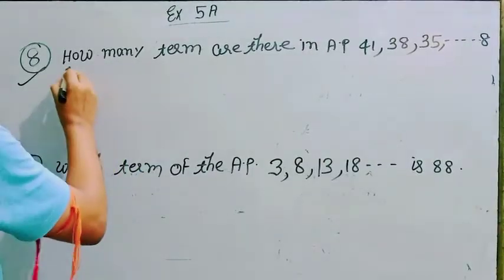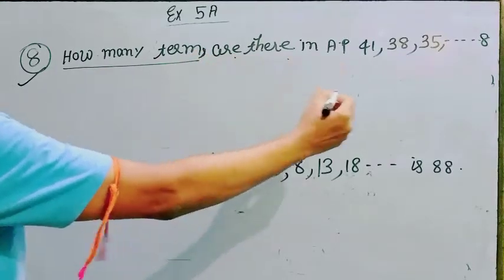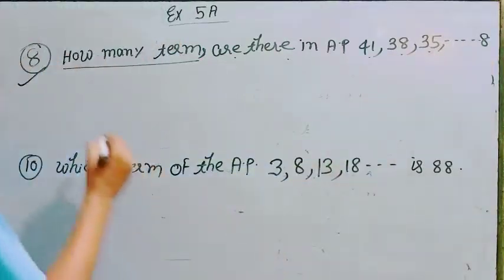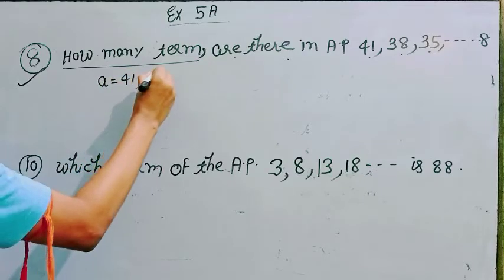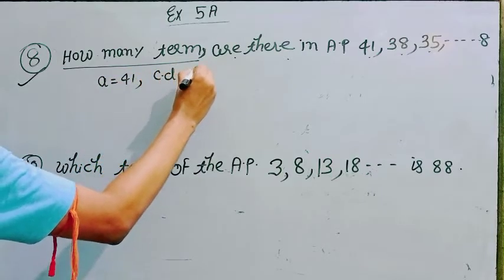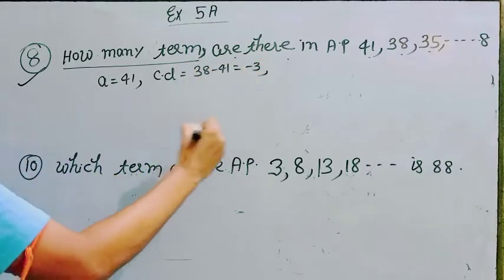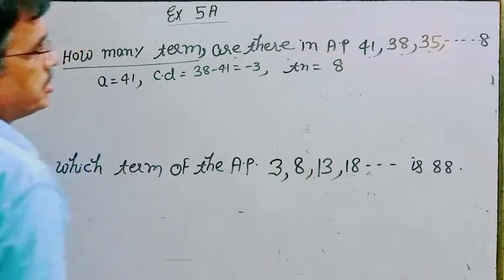Now see question number 8: how many terms are there in the AP 41, 38, 35, dot dot, 8? Then here it is clear, A is equal to 41, the common difference CD is equal to 38 minus 41, that is minus 3, and the last term, denoted by Tn, is 8.